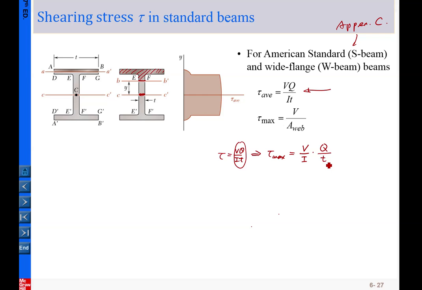Okay, and most of the time we can approximate the calculation of the shear stress by this formula. You simply divide V by the area of the web. The area of the web is this area here.